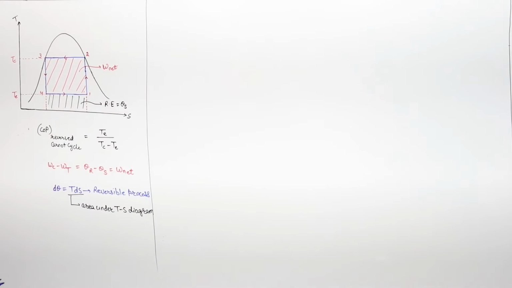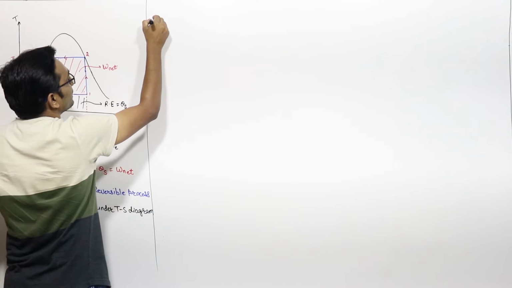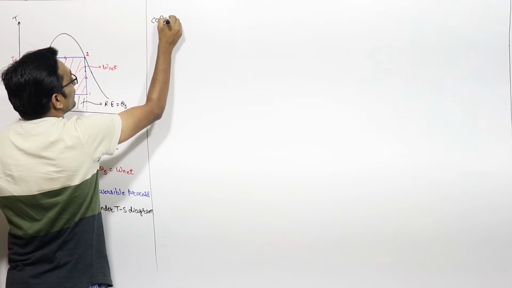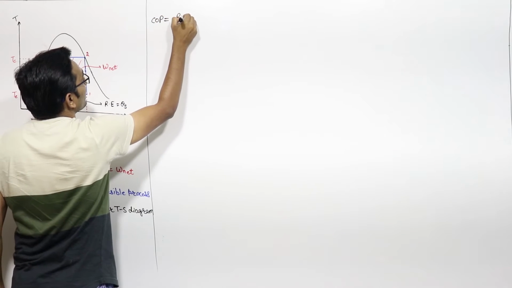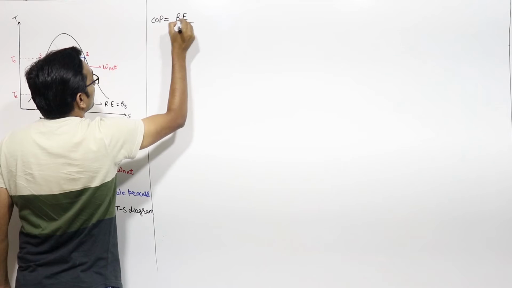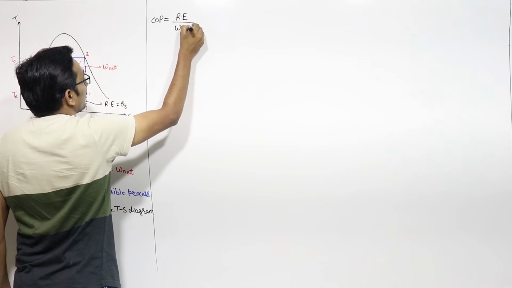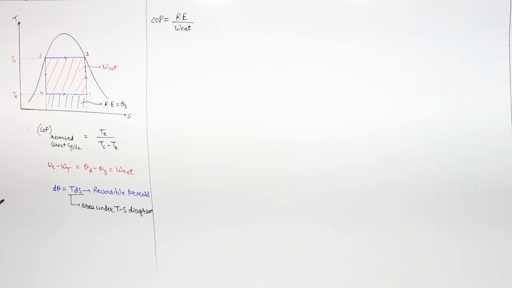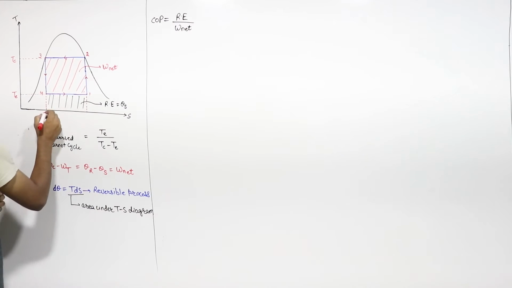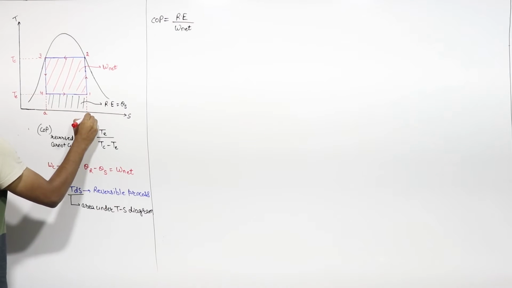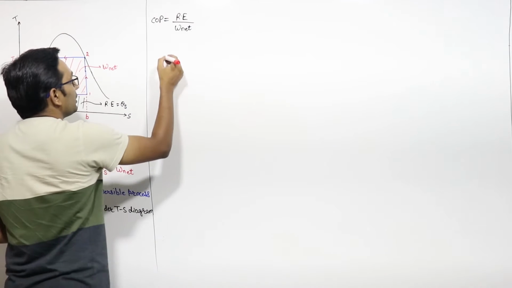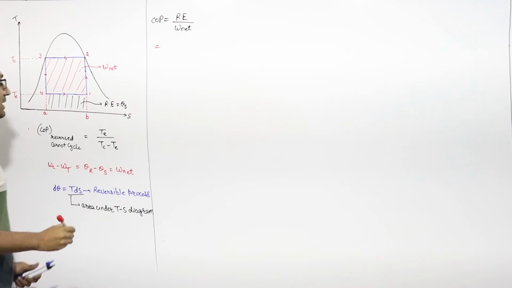Now let us say that, because we know that the COP is equal to refrigeration effect upon net work done. This is the COP. So if I say that, let us say this is point A, this is point B. So this will be equal to, what is the refrigeration effect?